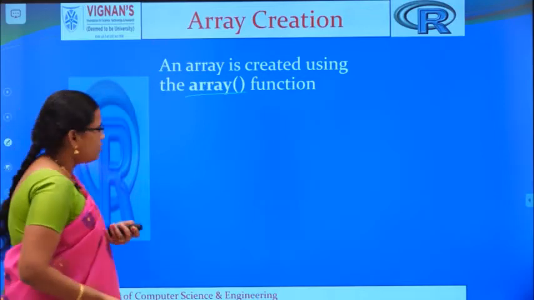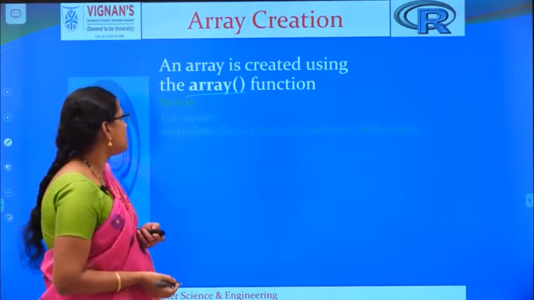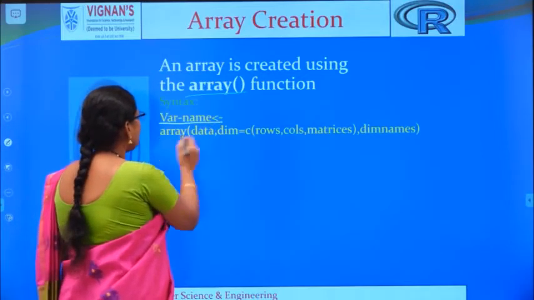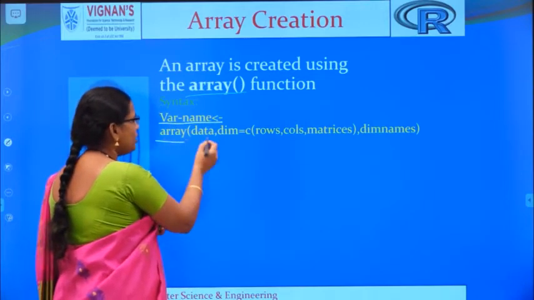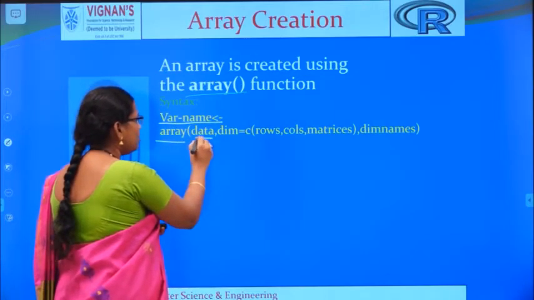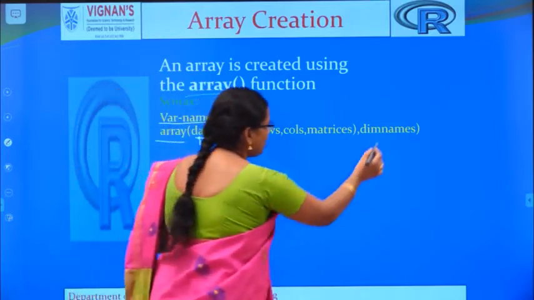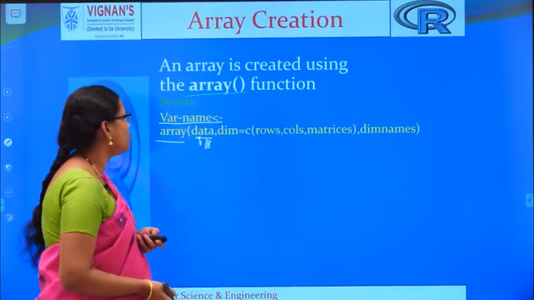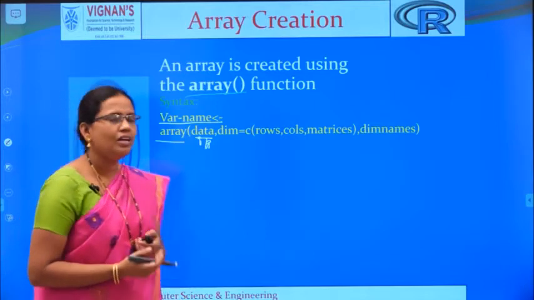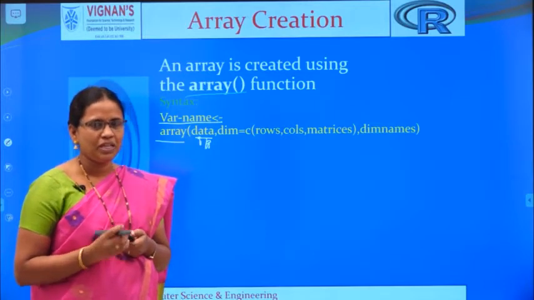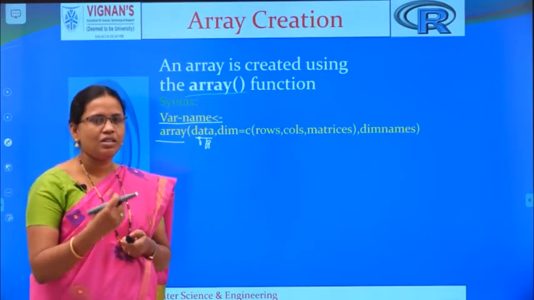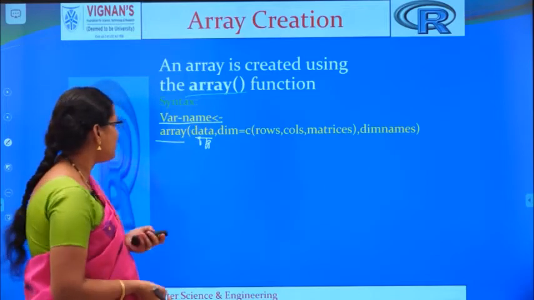To create an array, the syntax is variable name is equal to array of the data, which is your input, then the dimensions, and then the dimension names. So there are 3 parameters for the function: the input, the dimensions, and the dimension names.